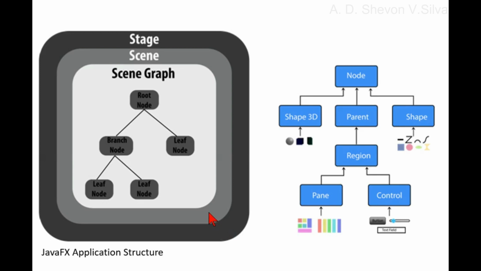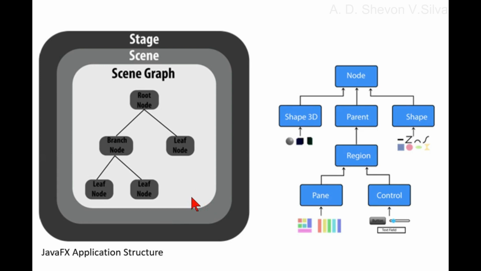The scene graph exists at the lowest level of the hierarchy. It can be seen as the collection of various nodes. A node is an element which is visualized in the stage. It can be any button, text box, layout, image, radio button, checkbox, etc. Nodes are implemented in a tree kind of structure.